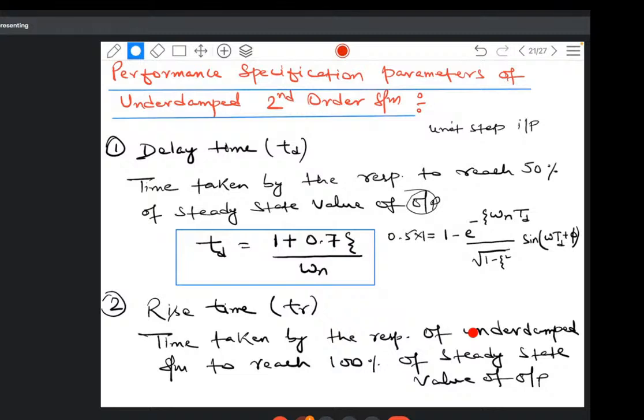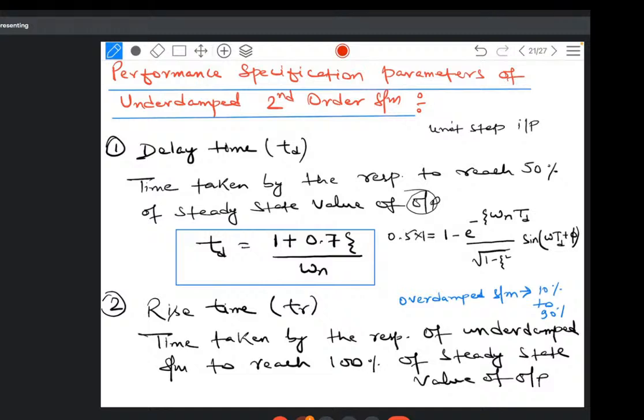If it were some other system, what would we say? Suppose it is an overdamped system, then for the overdamped system, the rise time is defined as the time taken by the response of the overdamped system to reach from 10% to 90% of the steady state value of output, or the final output.